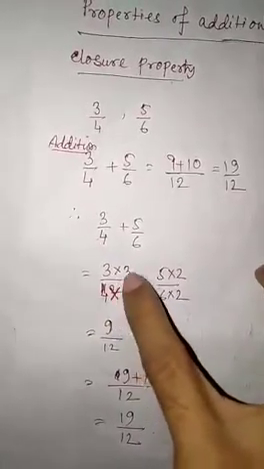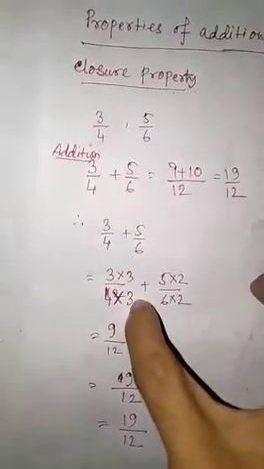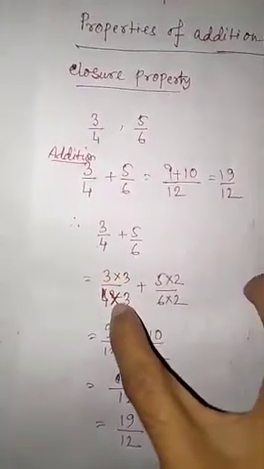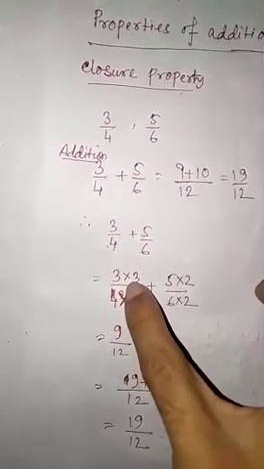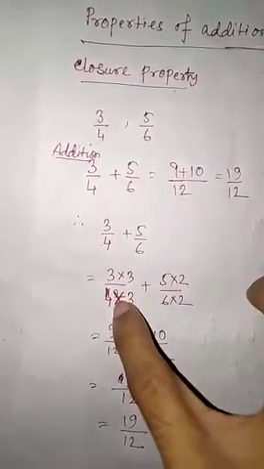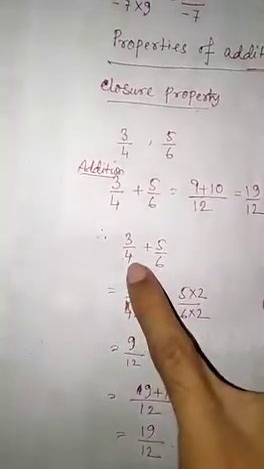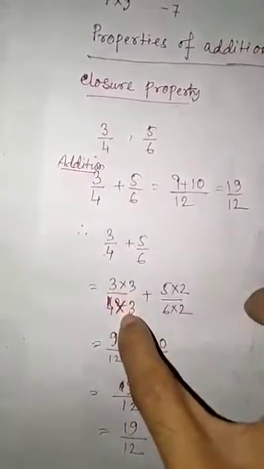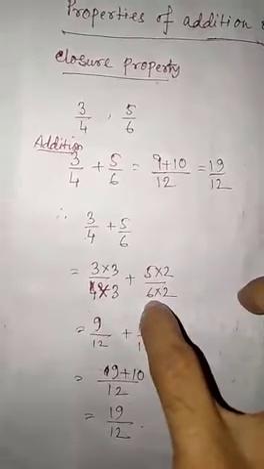Suppose we cancel out both the 3s with each other, then we will have only 3 by 4. So to maintain the equality, we have to multiply both the numerator and the denominator with the same number. Clear?